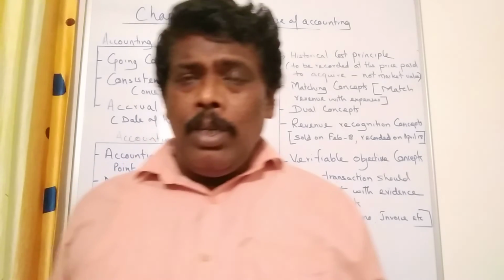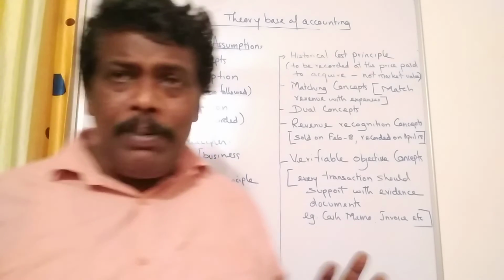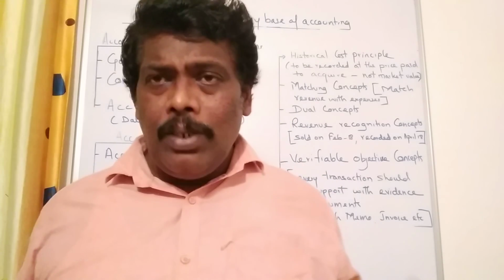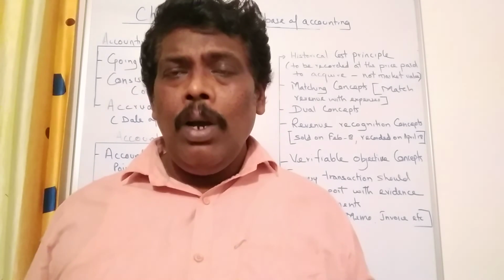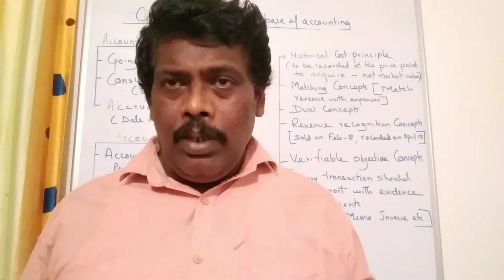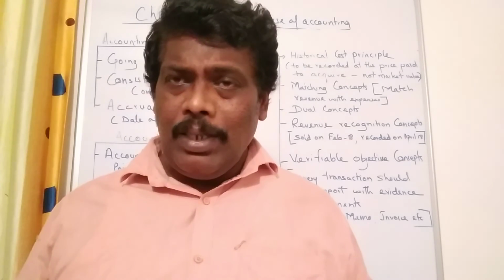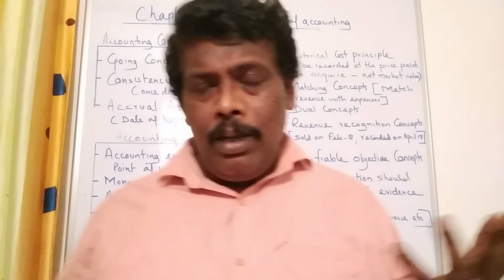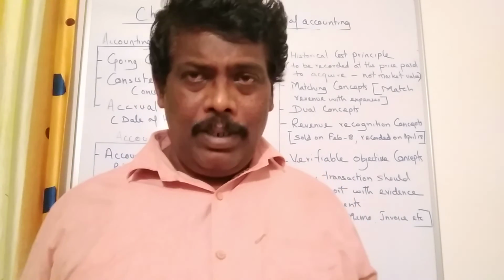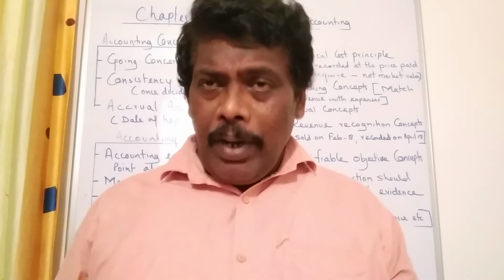You getting the point? So the verifiable concept says that every transaction must have a proof, evidence, in the form of a document such as a bill, cash memo, etc. Okay, so I hope you understood this topic.